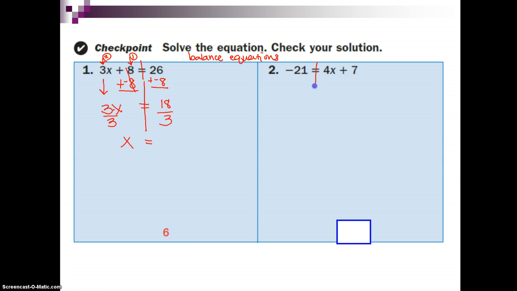Number 2. This time the variable is on the right side. Here's your constant, coefficient, excuse me. This is your constant. Remember, the constant's the first thing I want to eliminate from that right side, and the coefficient is the second step. How do I get rid of adding a 7, which is positive 7? We add the opposite, which is negative 7.